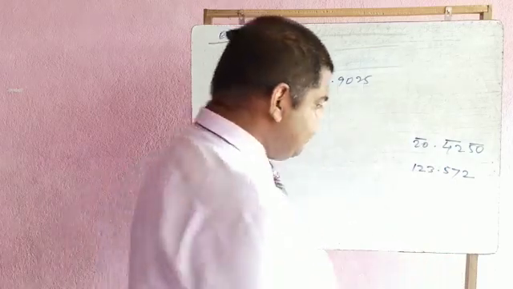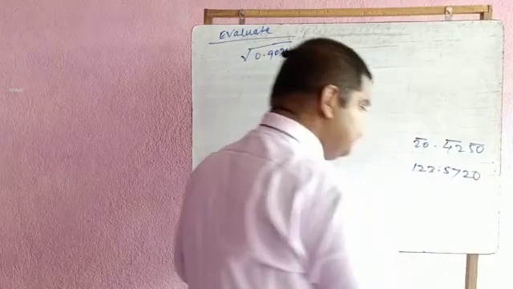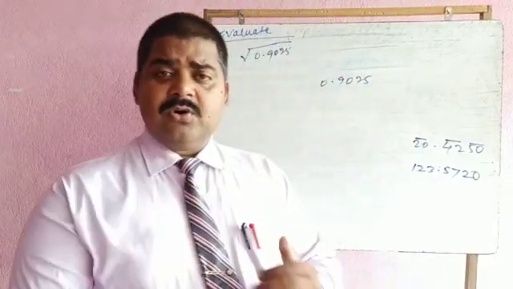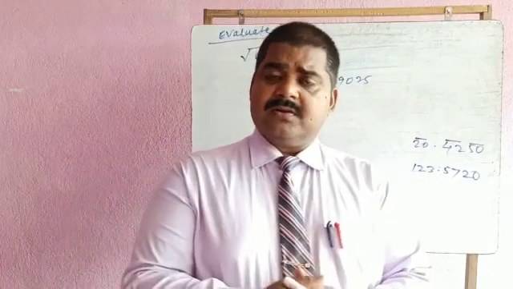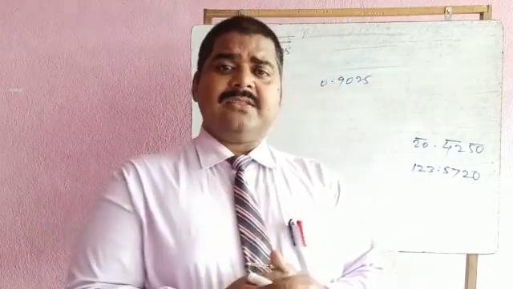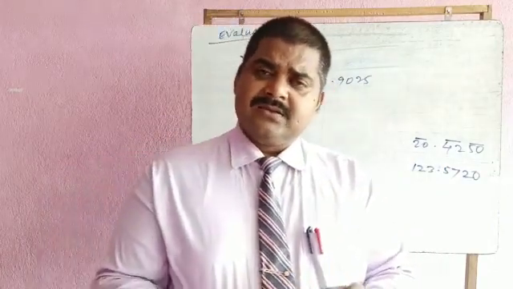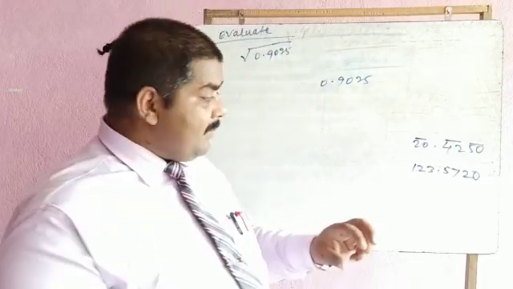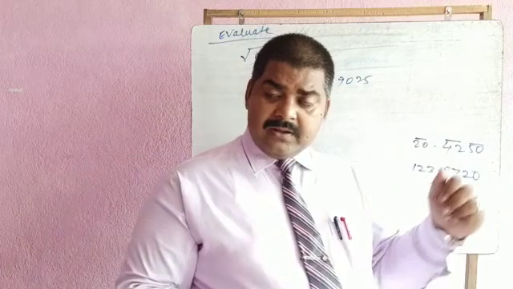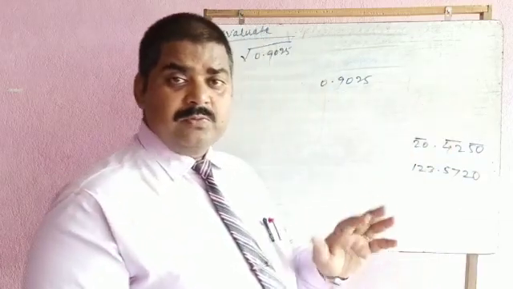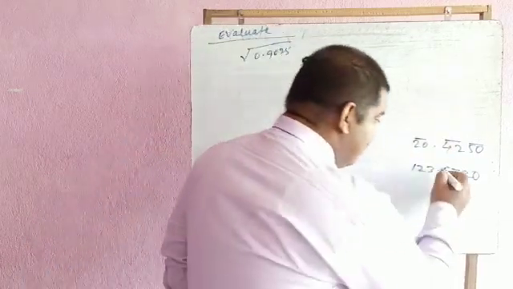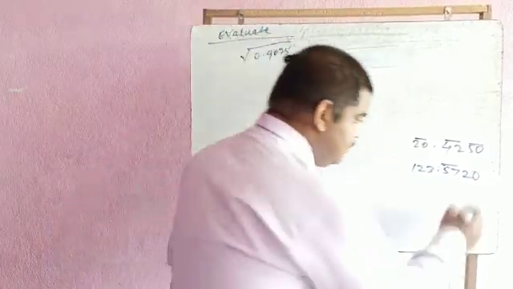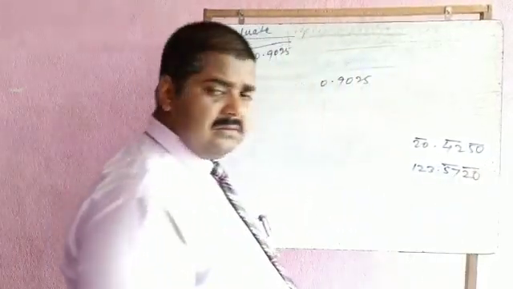So you can put 0, because 0 upon 10, 0 upon 100, 0 upon 1000, 0 upon 10,000 has the value 0. So you are able to give 0 to make them pair: 57 pair, 20 pair.